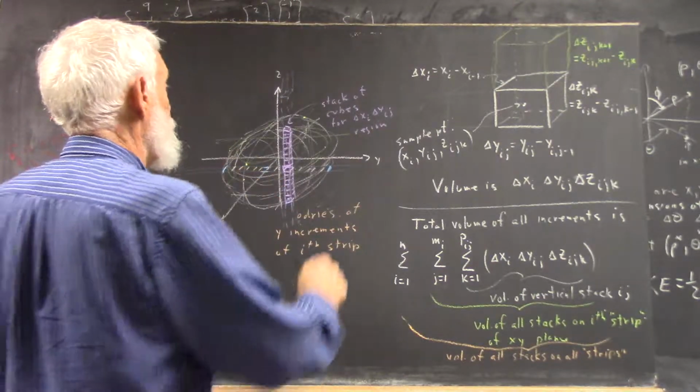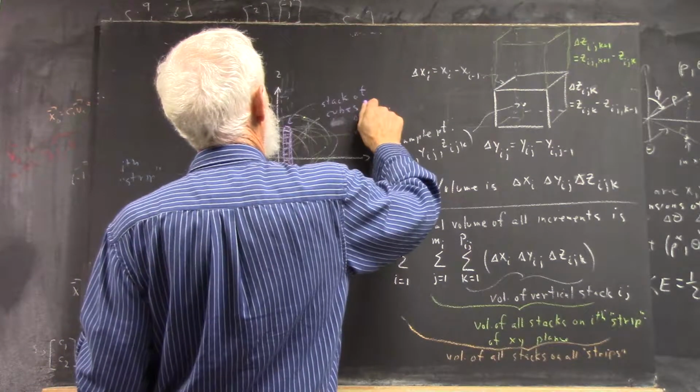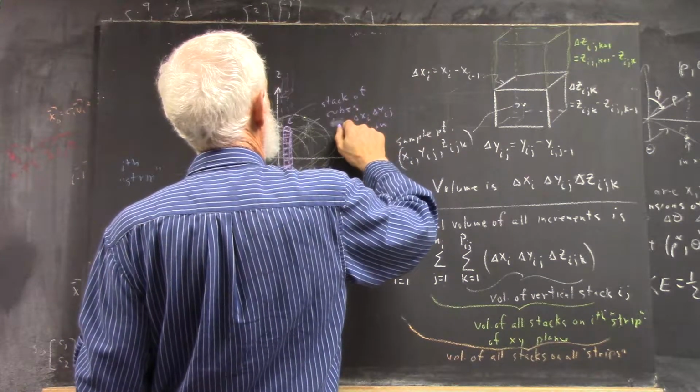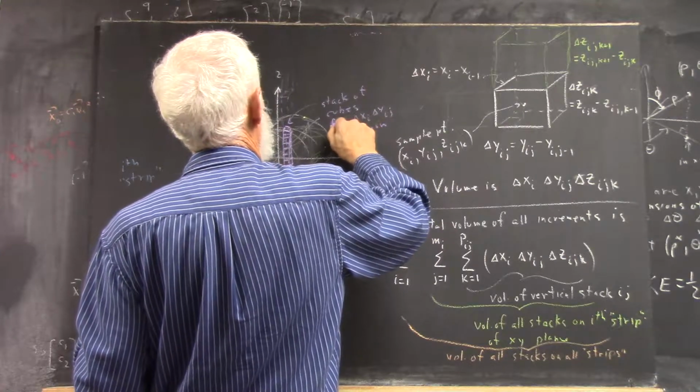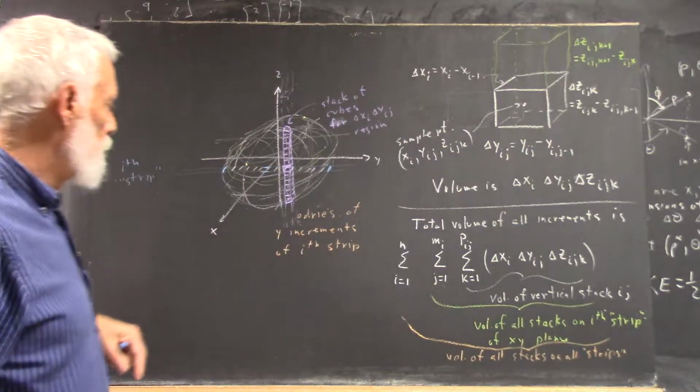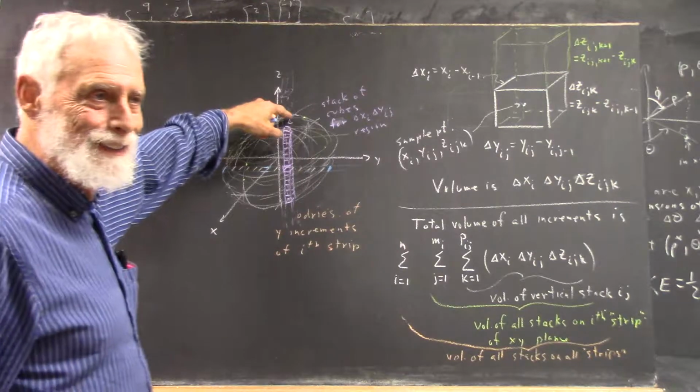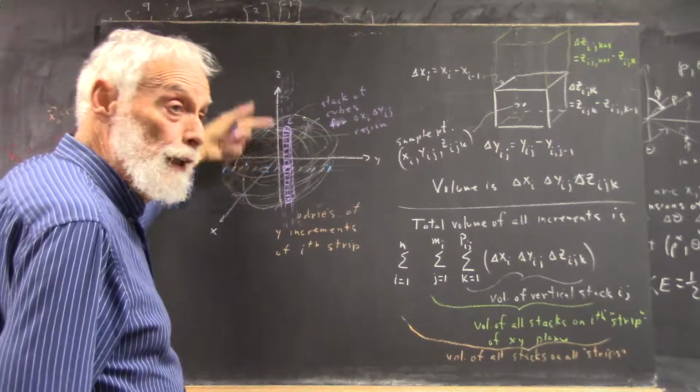Say 4, let's say above, because I don't want to write above and below. That's too much writing. Okay, so we see where this stack is.